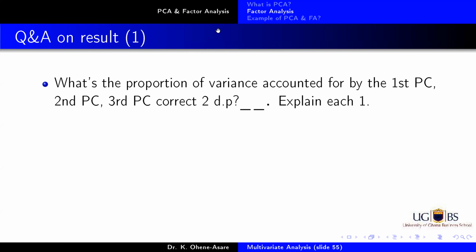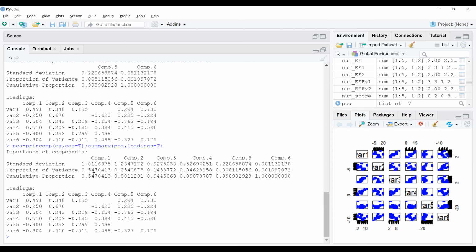Let's get that first. Look at the arrow. I want somebody to give me the answer before I actually show the answer, to see whether somebody can crack it. What is the proportion of variance?